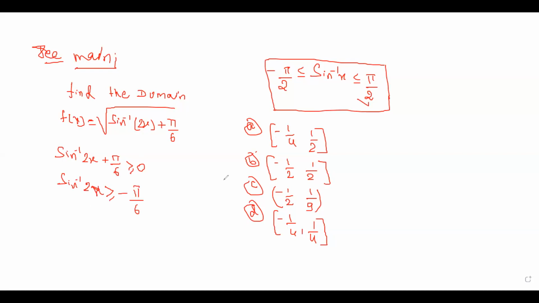So sine inverse 2x lies from where to where? Minus pi by 6, sorry, this is minus pi by 6 to pi by 2.